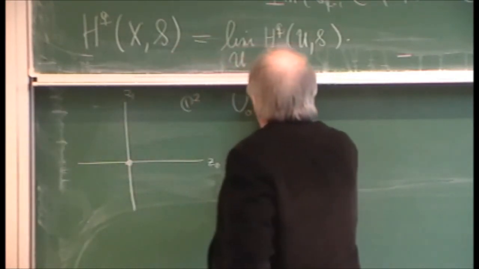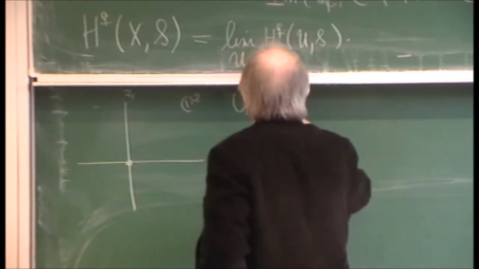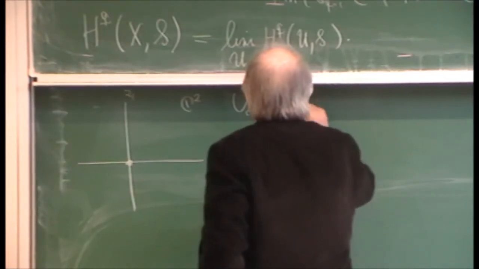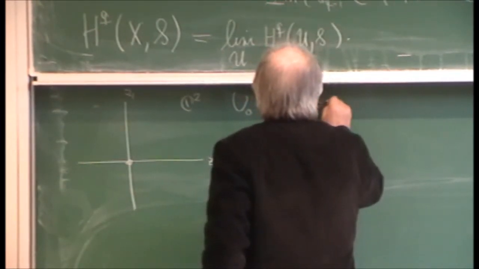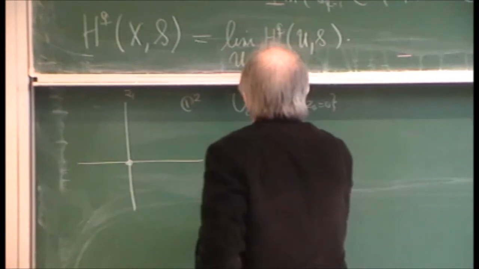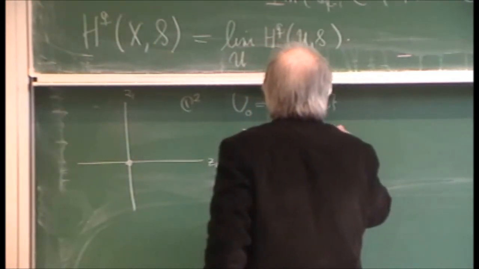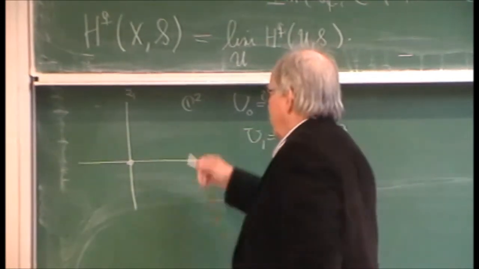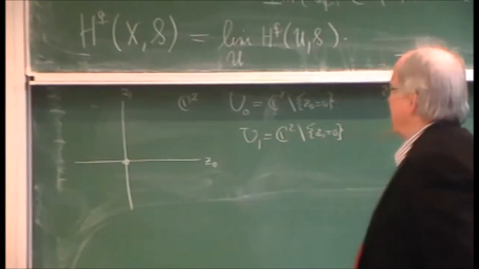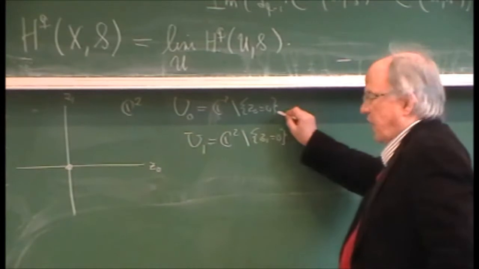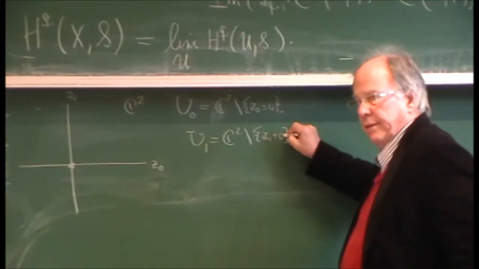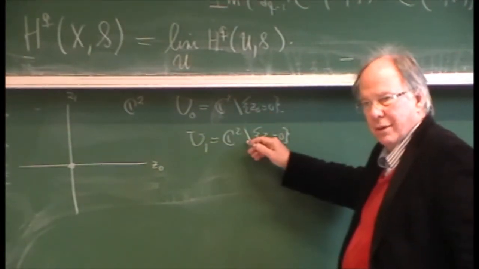So U0 is C2 minus Z0 equals 0, and U1 equals C2 minus Z1 equals 0. These are two open sets that cover this. And you can check that the Leray theorem is applicable here. So you only need to compute with this covering.